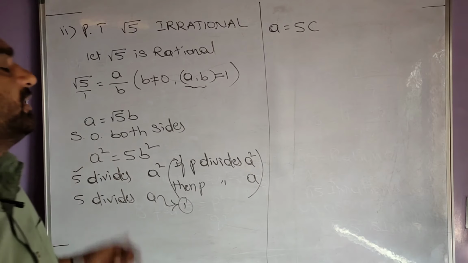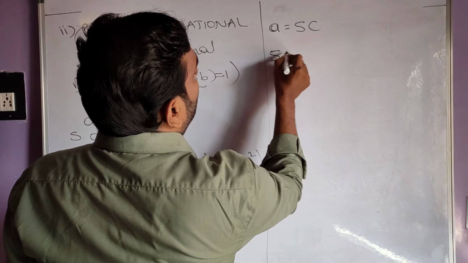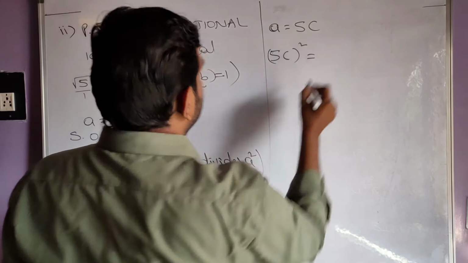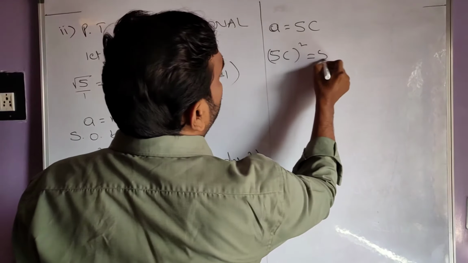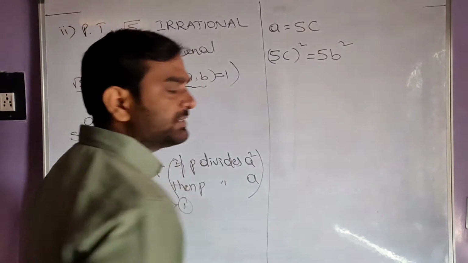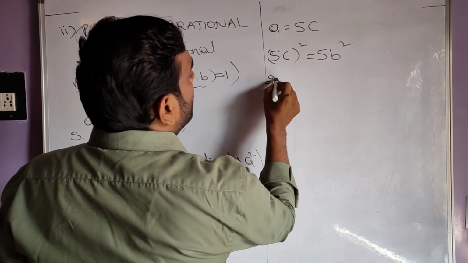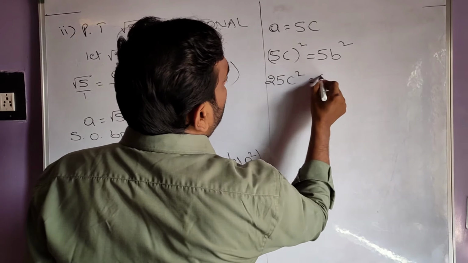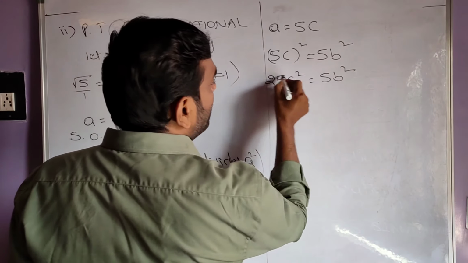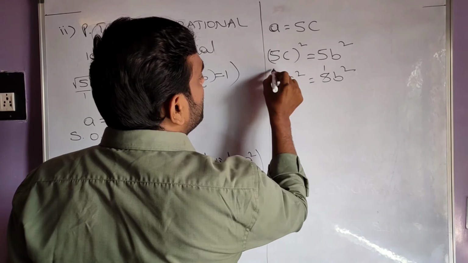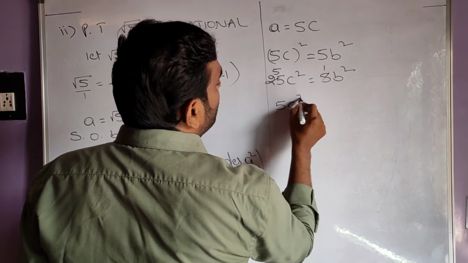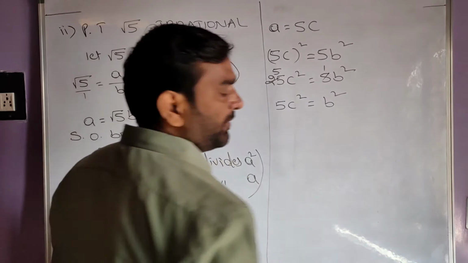Substitute in this: a square, 5c whole square, is equal to 5b square. 25c square equal to 5b square. Cancel 5 once, 5 times. 5c square equal to b square.